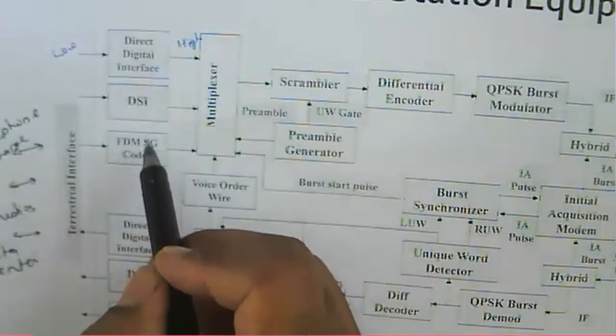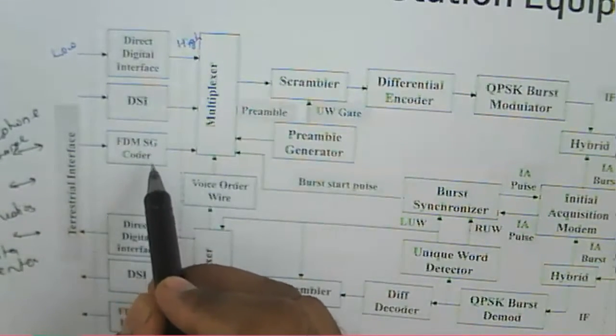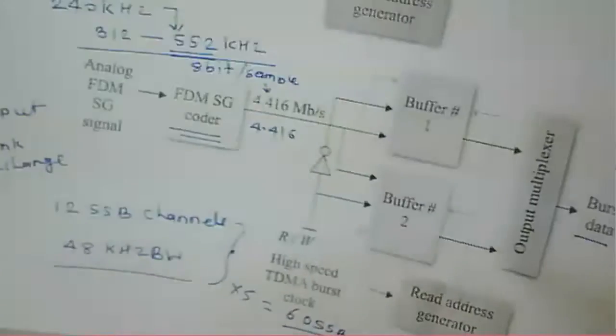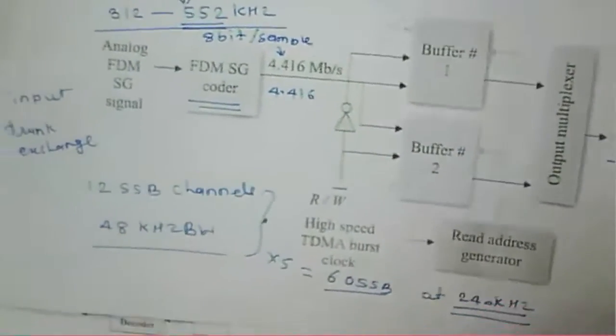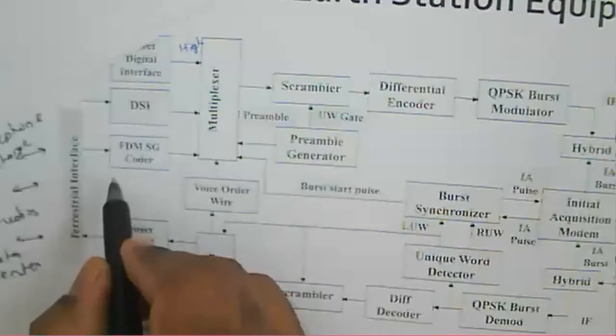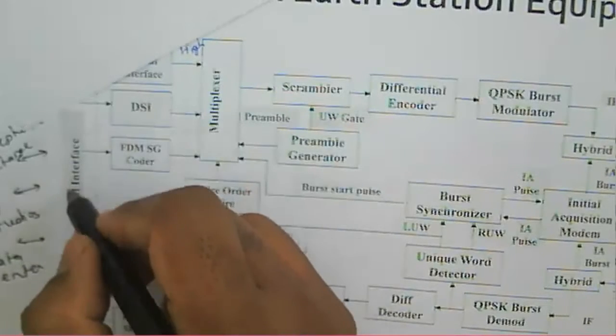Now we'll continue the discussion with the FDM SG coder. So FDM SG coder means what? FDM supergroup coder there. Now in this, we say that the input to this FDM SG coder is from the terrestrial interface.